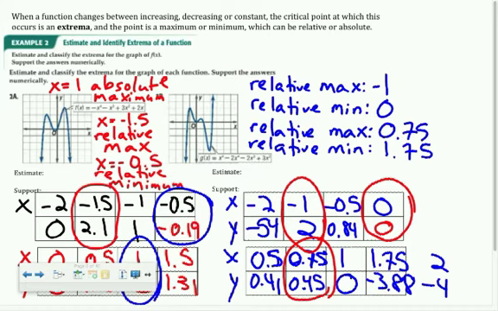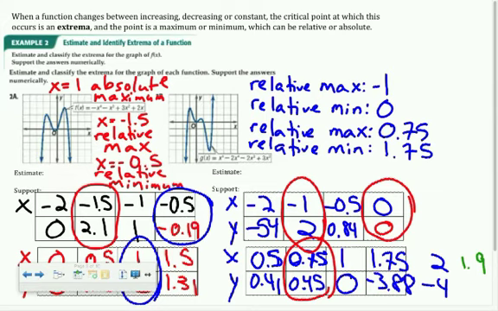So maybe I need to go somewhere between 1.75 and 2. Maybe I need to look at 1.9. So let's try 1.9 and see if we get something that confirms a minimum value somewhere in here.